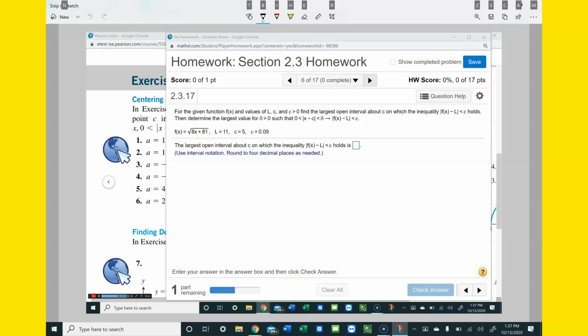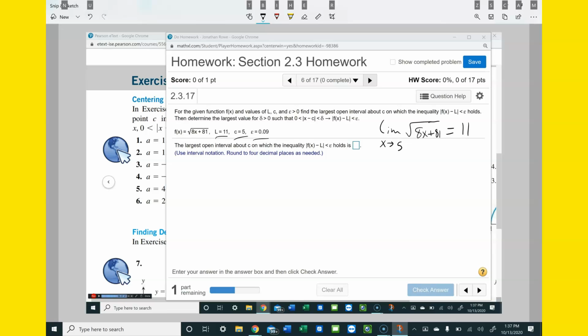All right, number 6. We're just doing our delta epsilon for the given values. It gives me L, it gives me c, it gives me epsilon. This is proving that the limit as x approaches 5 of the square root of 8x plus 81 equals 11.